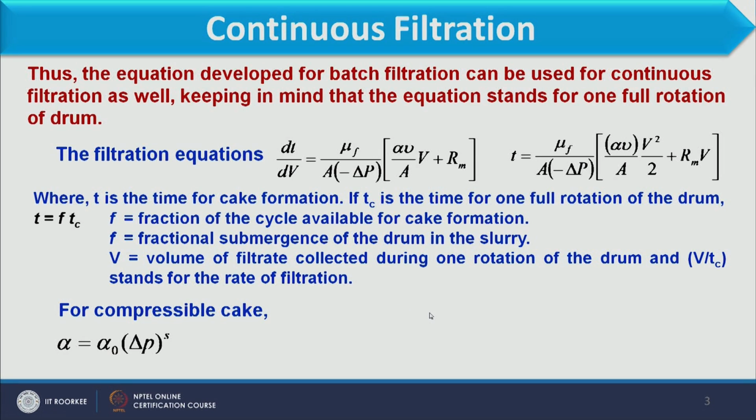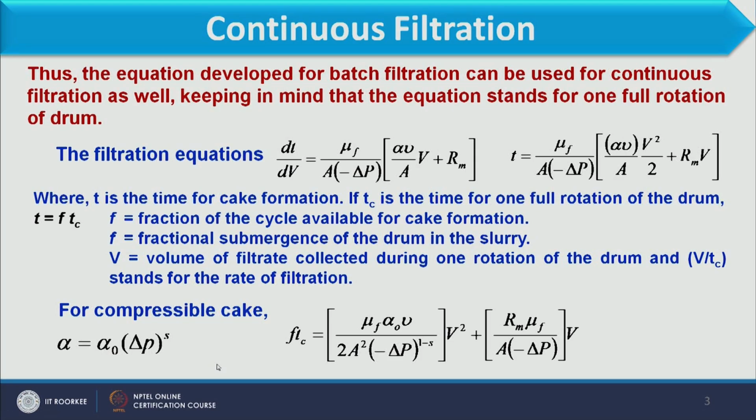So for compressible sludge, using the Sperry correlation, we can have f tc equal to mu f alpha naught V by 2A square into delta P power 1 minus s into V square, and similarly another term for the filter media, that is Rm mu f by A delta P into V. This equation we can use for constant pressure and compressible cake in continuous filtration.